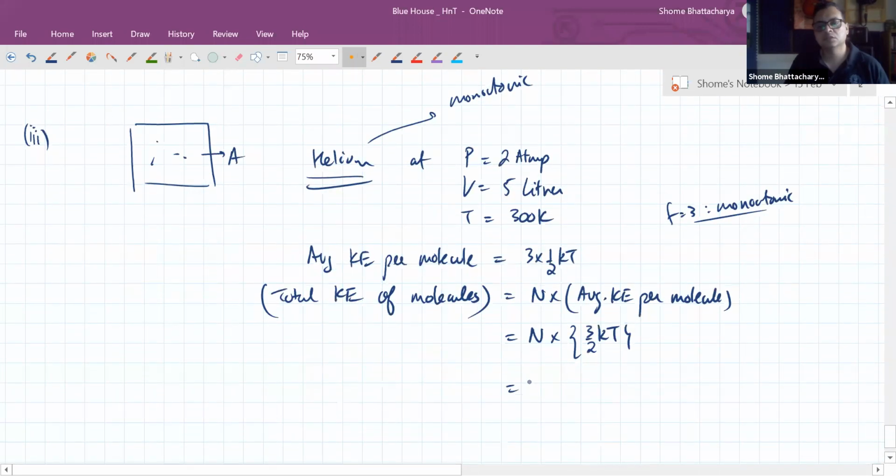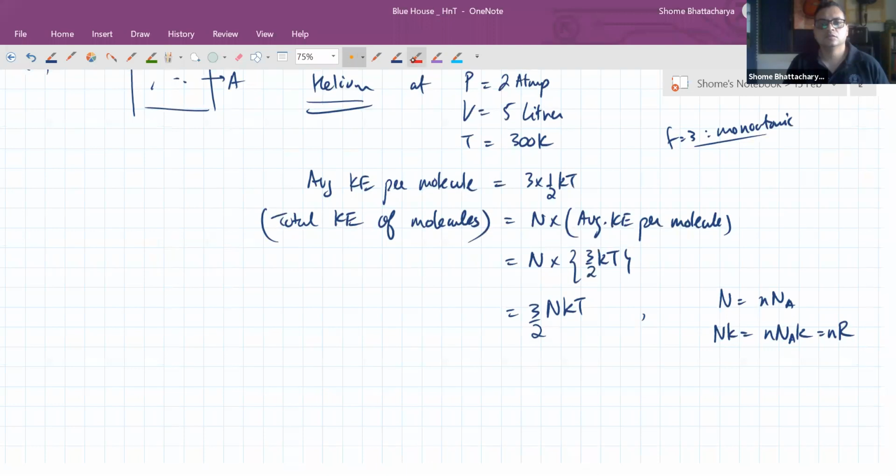So it becomes 3 by 2 NkT. Now N is nothing but number of moles into Avogadro's number. So therefore Nk is number of moles into Avogadro's number into k, so that is nothing but small nR. So remember here, N is the number of molecules.